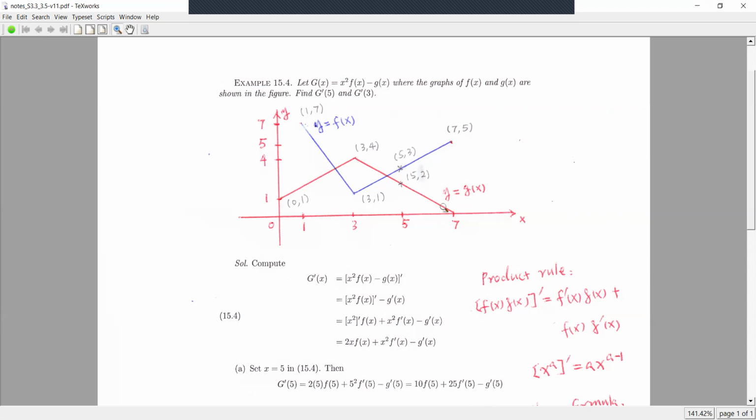By the slope formula, this point is 7, 0. So y2, 4 minus 0 over x2, 3 minus 7. So the slope of this line is negative 1. Therefore, the derivative of g at 5 is negative 1.